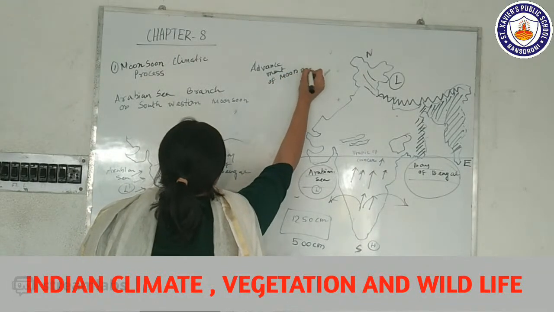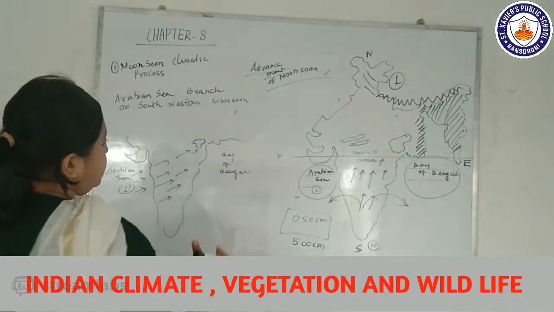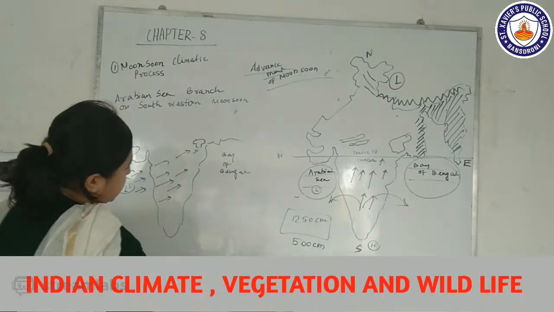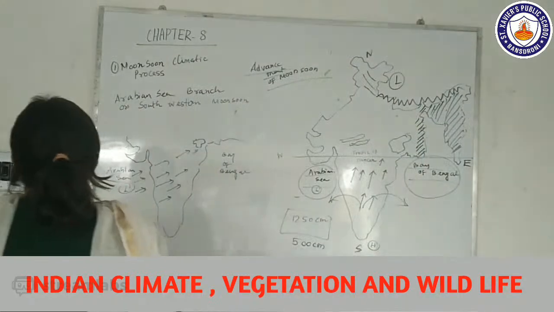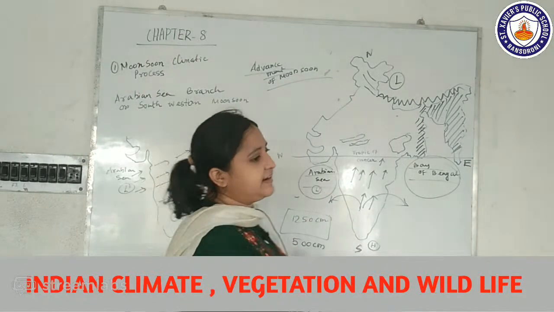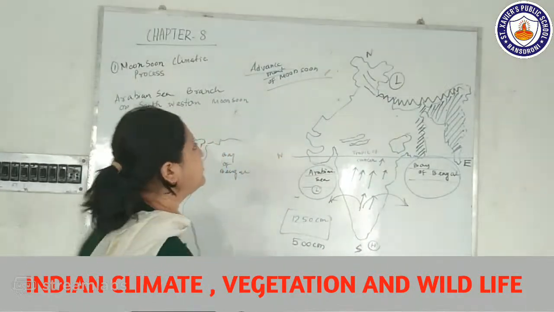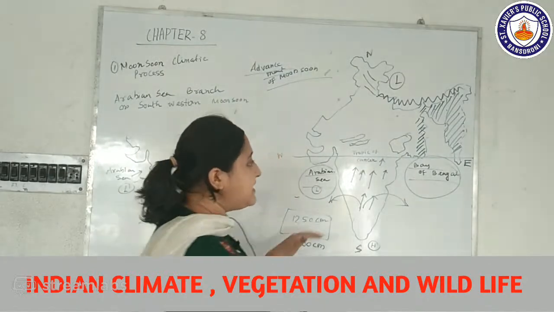I think it's clear to all of you. It is very easy and interesting. So this is the whole climatic diversity of the Indian subcontinent. And remember one thing, there are major dominating factors which determine the climate of India: altitude, latitude, presence of the sea and the land surface.